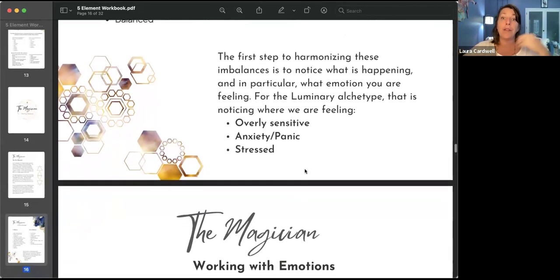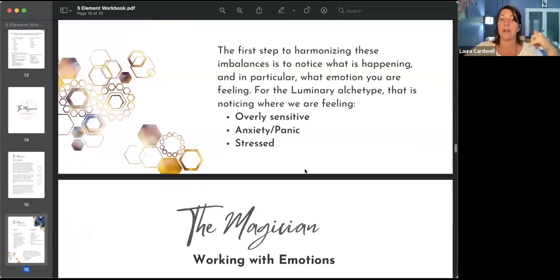So the first step to harmonizing fire would be to notice where people are feeling overly sensitive. Stress is associated with fire. We see disruptions, which look like adrenal disruptions, fatigue, and just symptoms of being stressed.